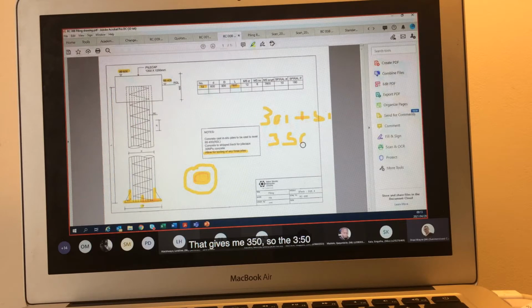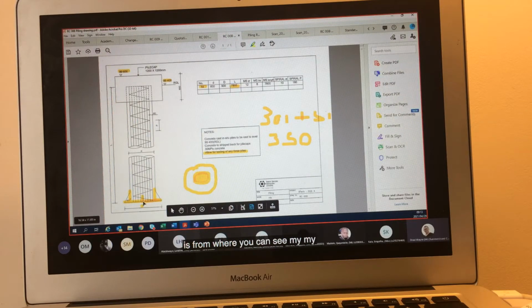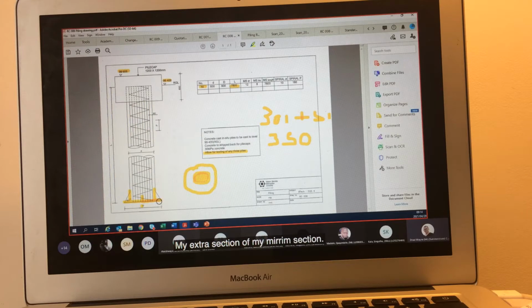So the 350 is from where you can see my cursor now to the center point of my extra section, of my ream section.